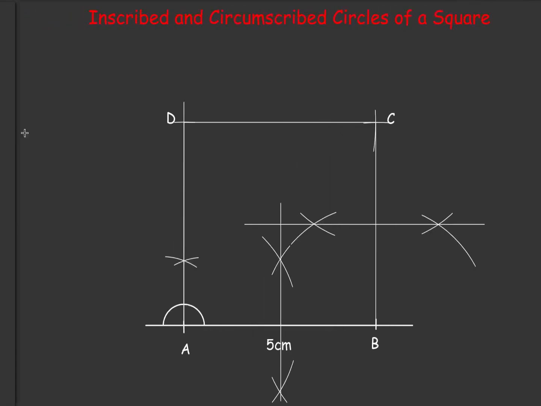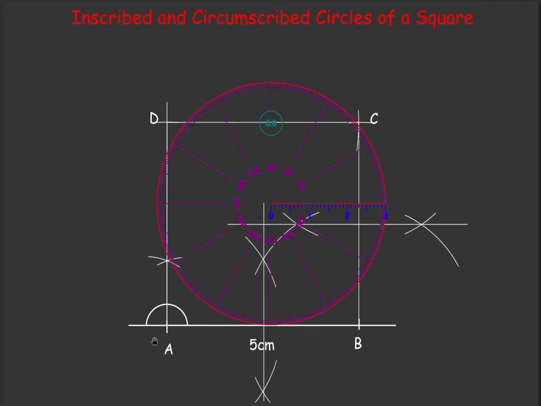So with that done, I'll take my compass, and with the pin in the middle where these 2 lines intersected, we would open our compass appreciably such that it touches the lines, just as you can see. Then all we need to do is to draw the circle. You see, so you draw your circle as I do.